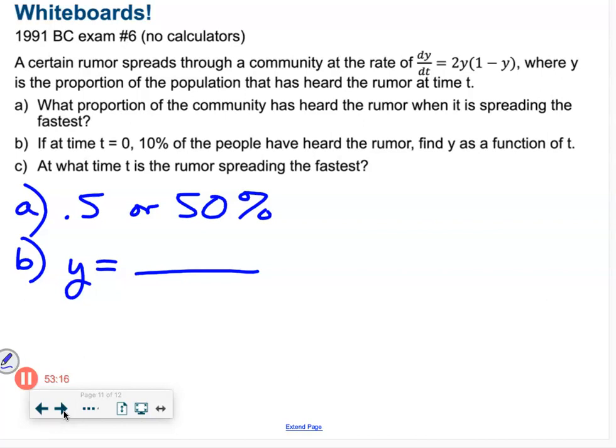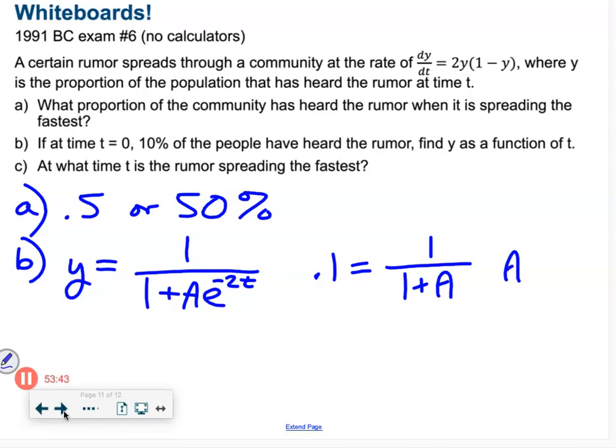What's your carrying capacity? 1. What number always goes here? 1 plus a e, what's k? 2, negative 2t. All right, so we have the point when time is 0. What's your actual y? 0.1, right? So you have 0.1 equals 1 over 1 plus a. So we want a to be 9, so this is 1/10, right? So a equals 9. So you get y equals 1 over 1 plus 9e to the negative 2t.